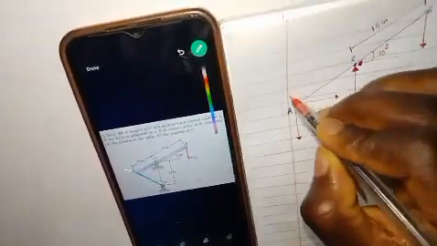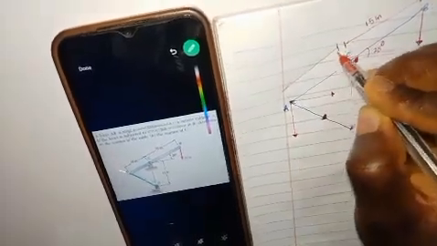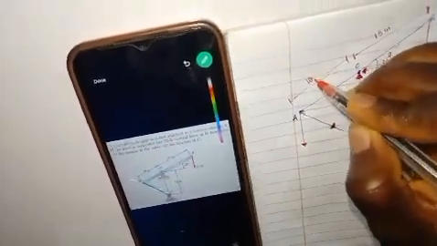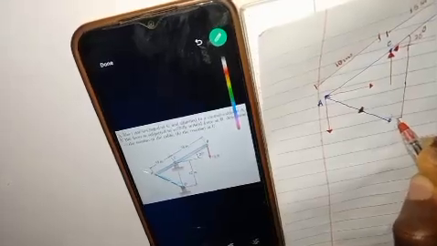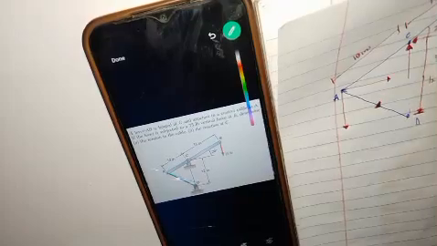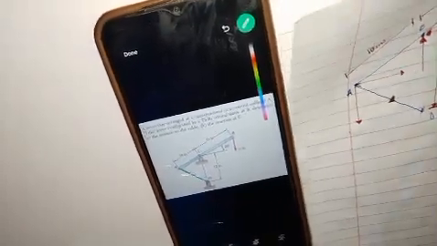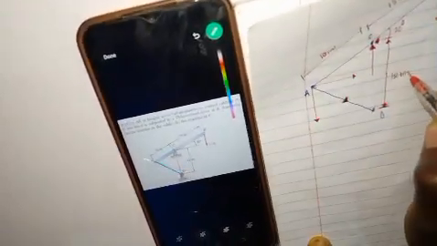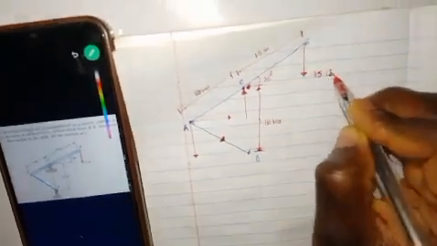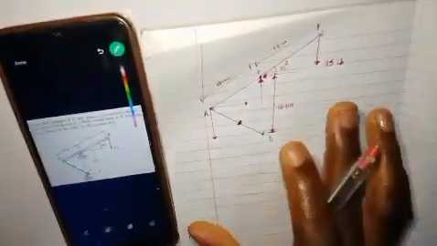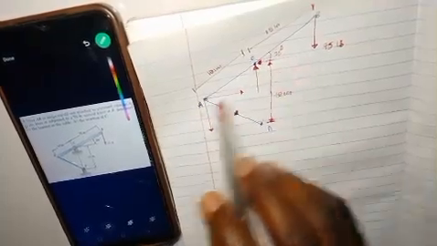Then from here to here is 10 inches. Also from this point to this point here, the height is 12 inches. And also, what am I missing? 75 pounds. Yeah, 75 pounds. So we're having 75 pounds here. Now as you can see, here is the free body diagram of this particular question.